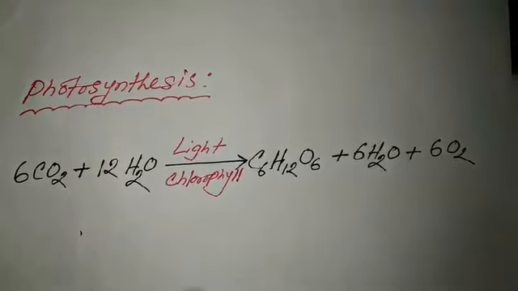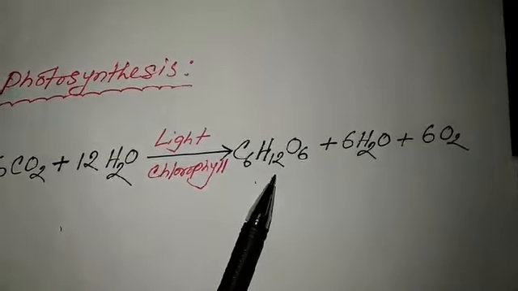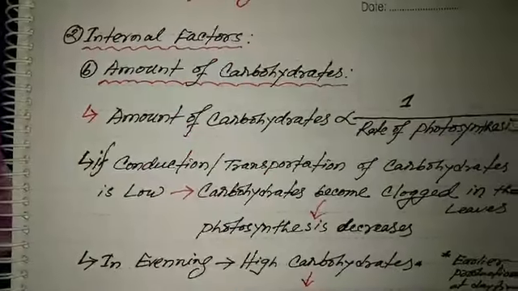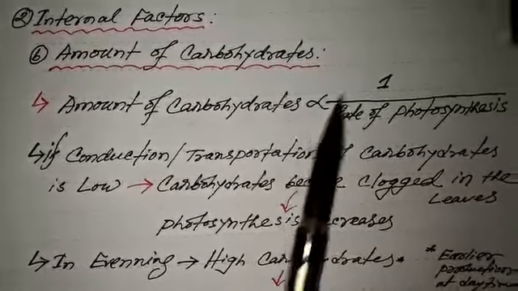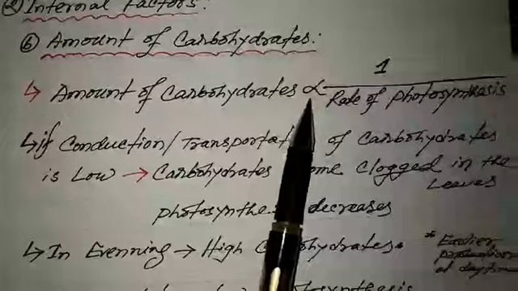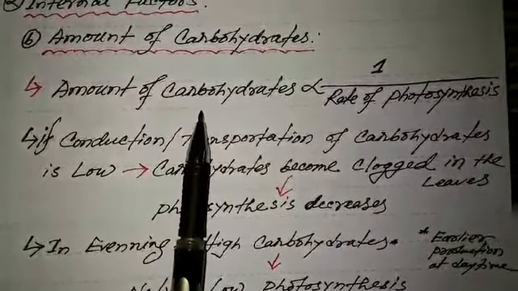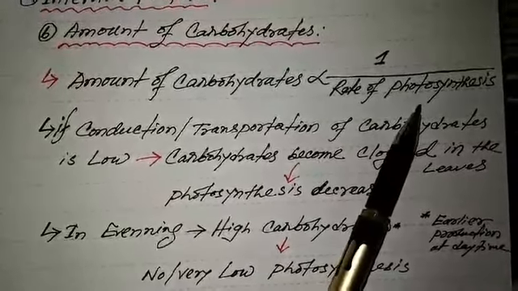And if there is a lower amount of product, definitely the process will move faster. So see here, the amount of carbohydrates is inversely proportional to the rate of photosynthesis. That means if carbohydrates increase, then the rate of photosynthesis will decrease.